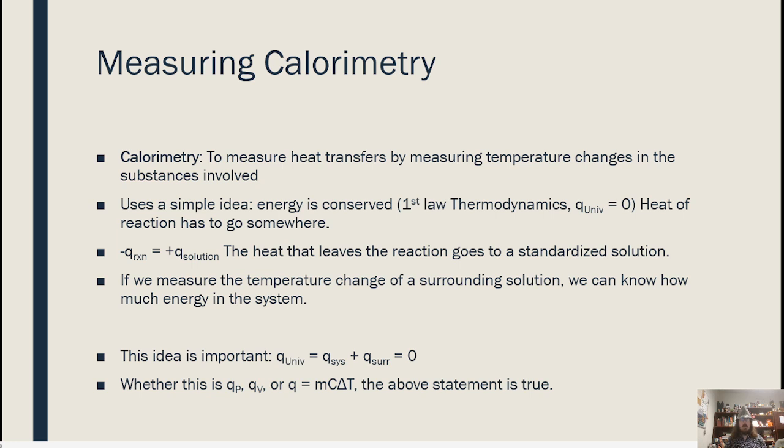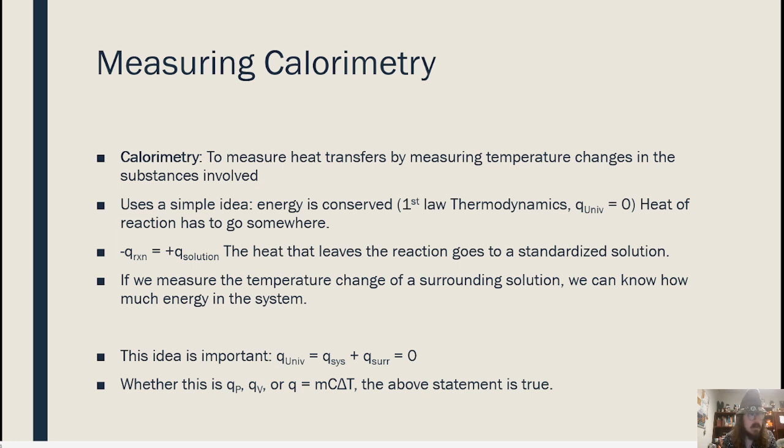So if that's the case, if I look at the heat change in a reaction, it's proportional but opposite sign of the heat change of the solution that directly surrounds it.